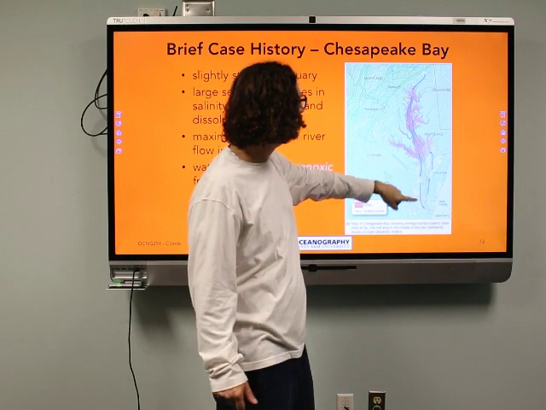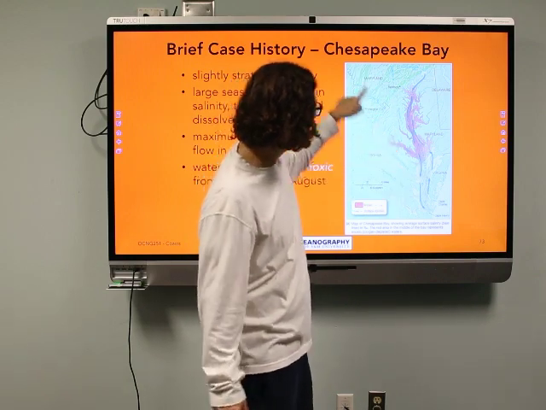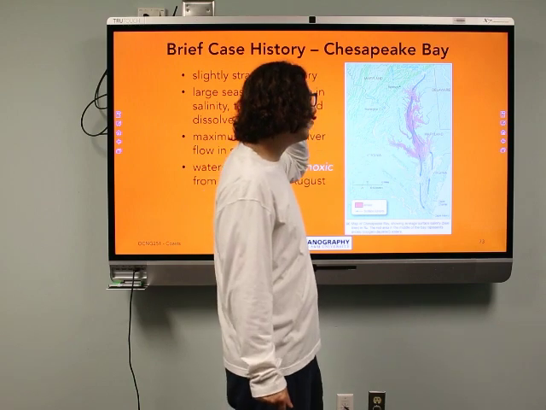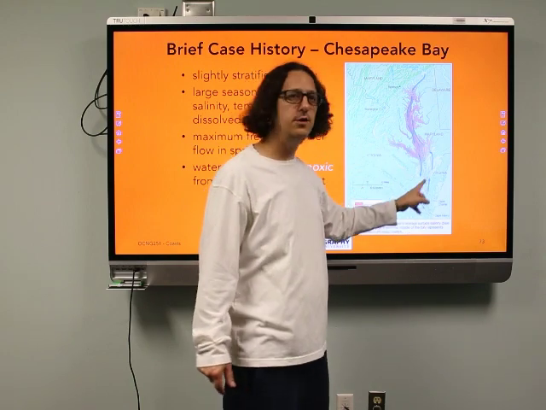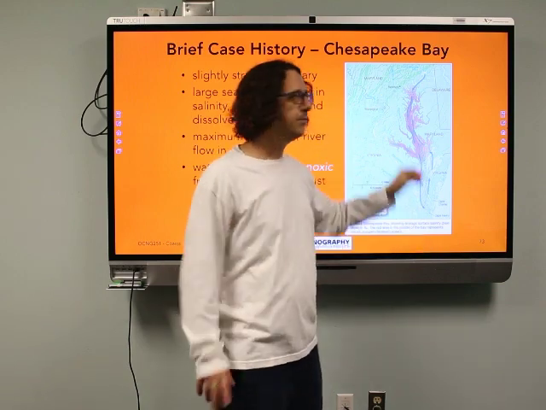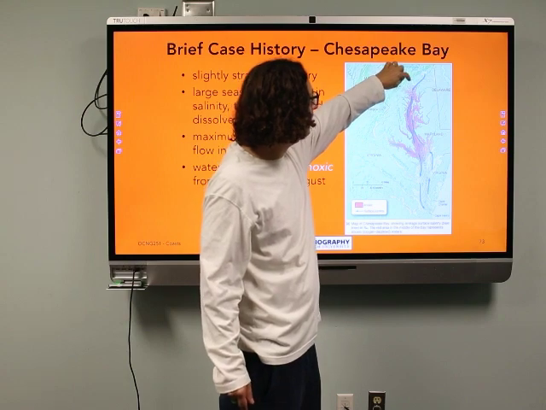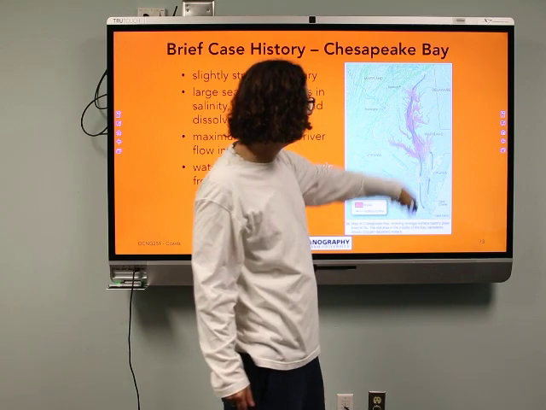You don't have to know the name of the river, it's the Susquehanna River, but there's a bunch of rivers that actually dump in. The Potomac also dumps into the estuary, and so on one level it's showing you the salinity contours, which is interesting, so you can see that, not surprisingly, you have some salt water actually making it all the way up in here, but on the freshwater, this is kind of slightly stratified.